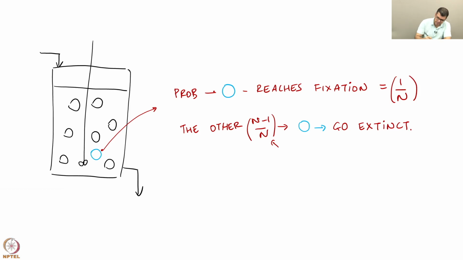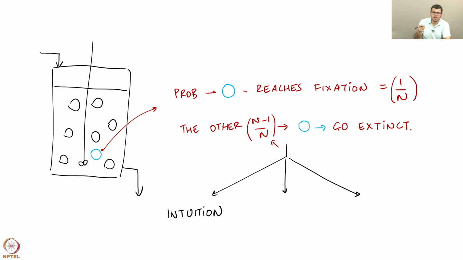And again, to summarize that, you should also remember that we arrived at this result in 3 different ways. One was only by intuition, that one of them has to go to fixation, and it can be anyone because they are all neutral variants. The other one was comparison with the marbles in a jar game.